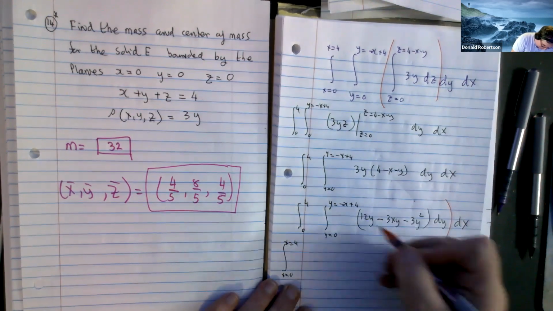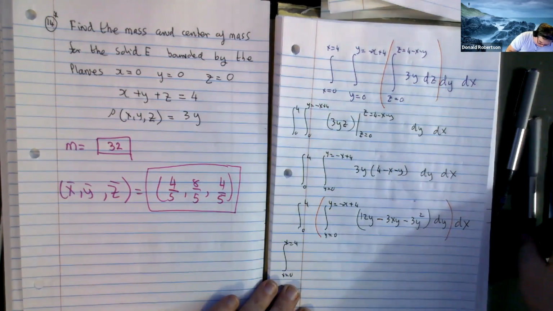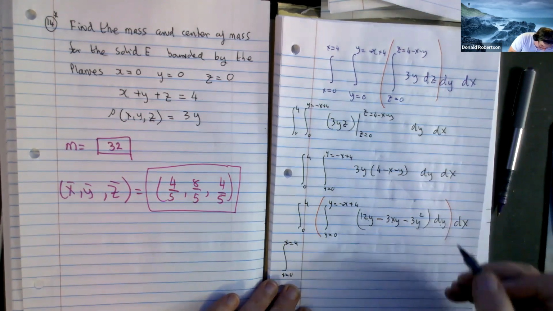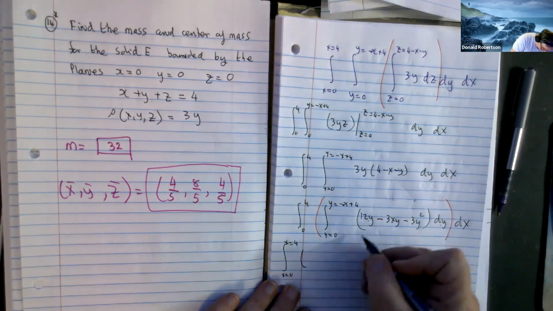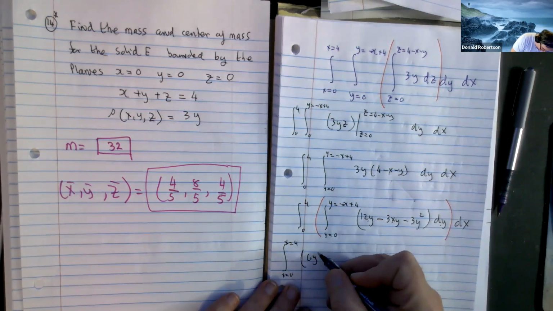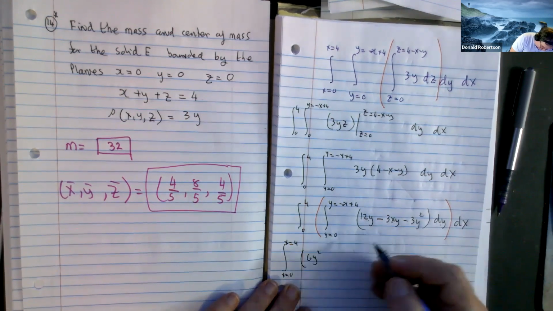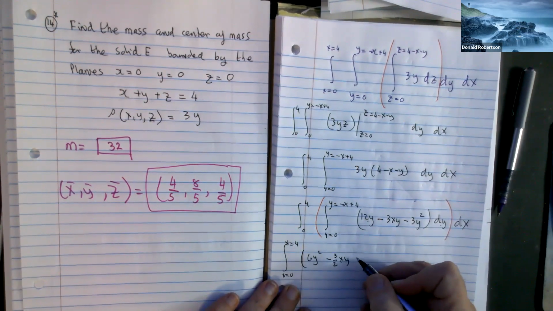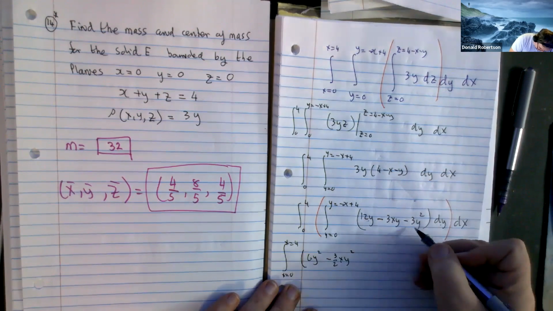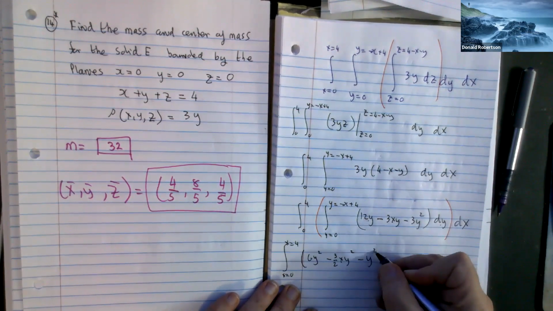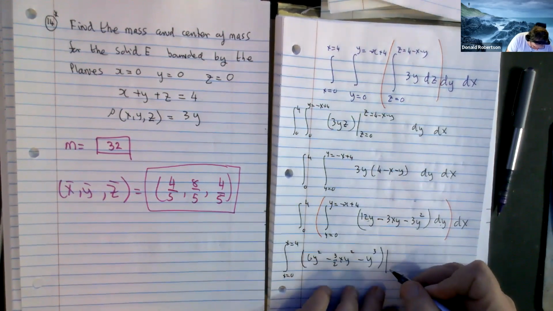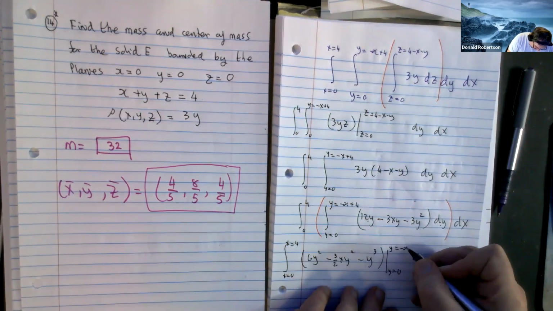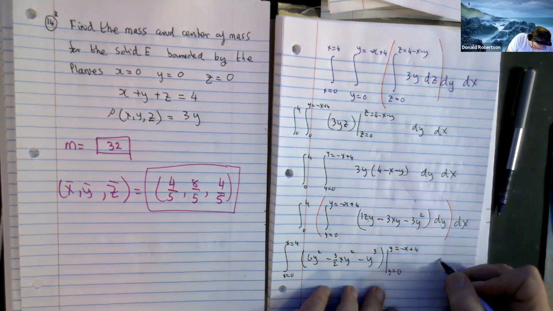I'll now do that one. Well, if you integrate these three with respect to y, there's a lot going on. This becomes 6y squared. This becomes negative 3 over 2 x y squared. And this, oh, that's at least something, is y cubed. And you're going to evaluate from y equals 0 to y equals negative x, add 4.